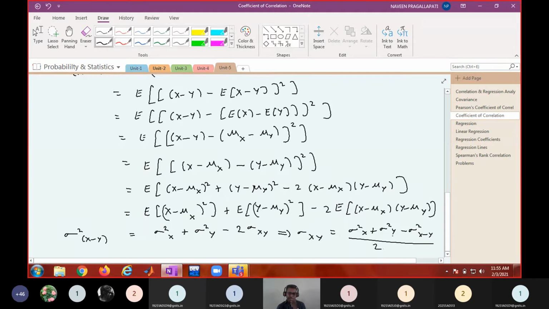Do you agree? Yes, sir. Now substitute this sigma xy in the covariance formula here. Can I replace the sigma xy with this expression?